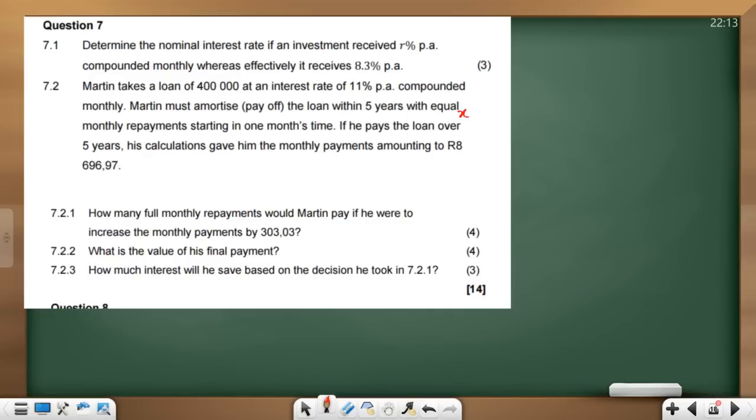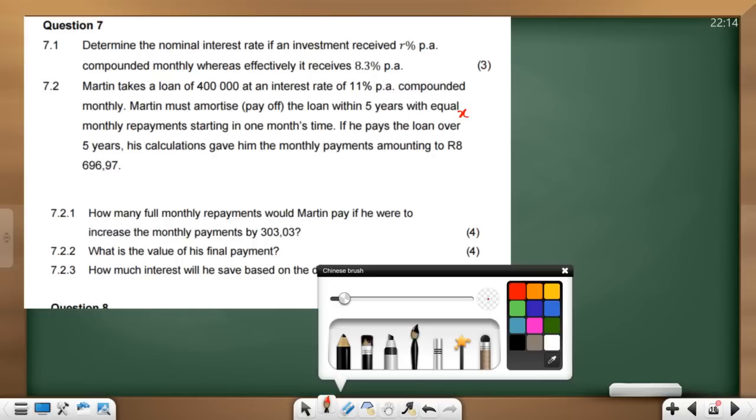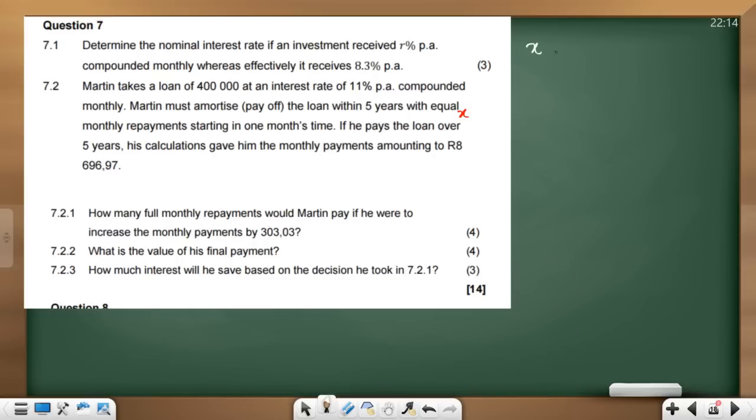If he pays the loan over 5 years, his calculation gave him a monthly repayment of 8,696.97. How many full monthly repayments would Martin pay if he were to increase the monthly payment by 303? Oh, so what are we doing? We're adding 303.03.